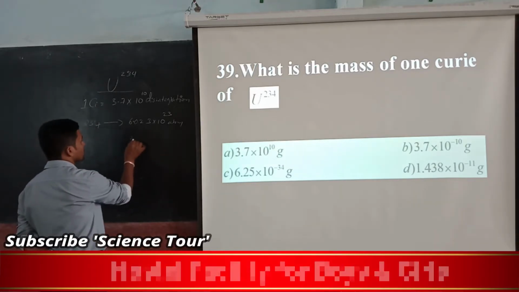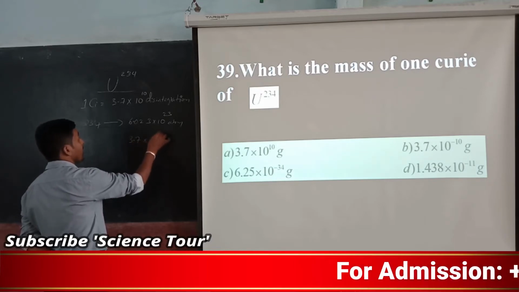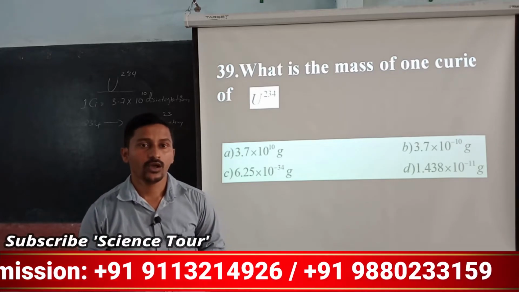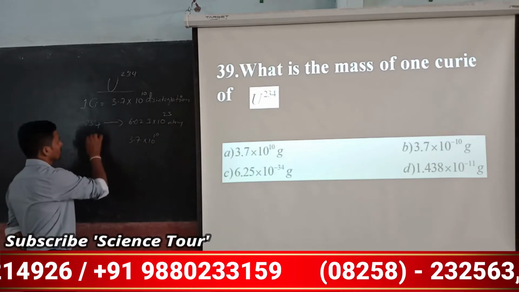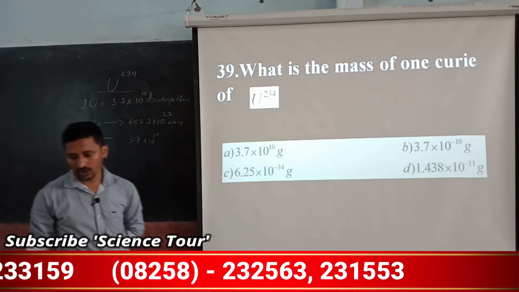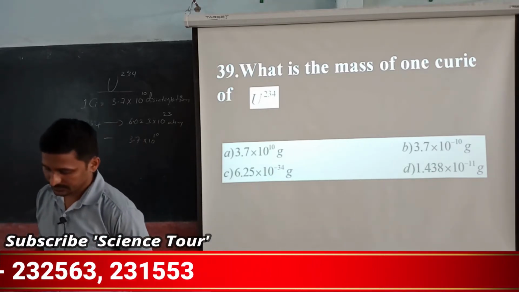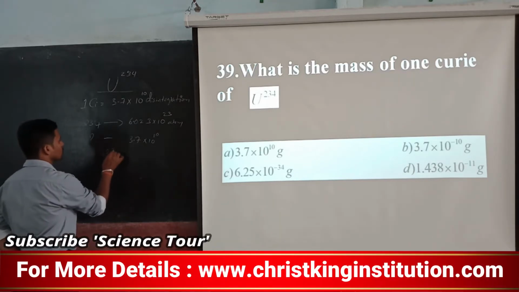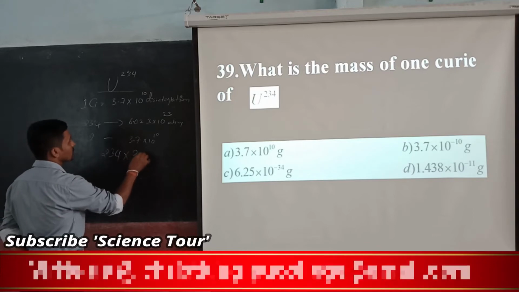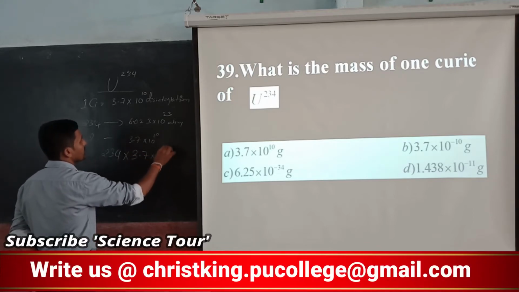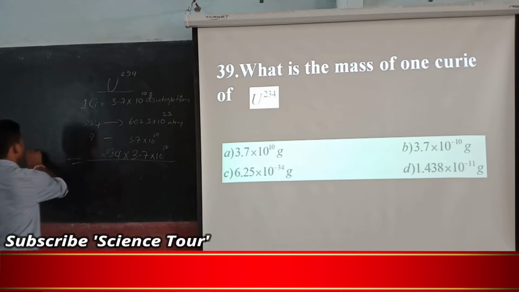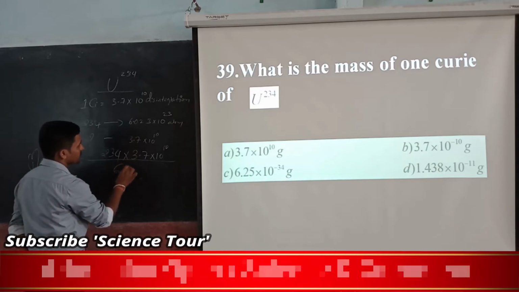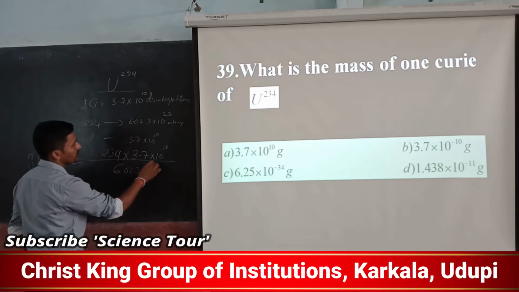It means 3.7 into 10 to the power 10 atoms disintegrate. Whose mass is how much? That you have to calculate. Okay. So can you calculate now? Very easy. So that is 234 into 3.7 into 10 to the power 10 divided by 6.023 into 10 to the power 23, which is the mass of 1 curie.